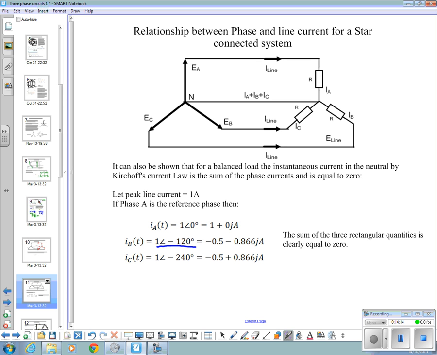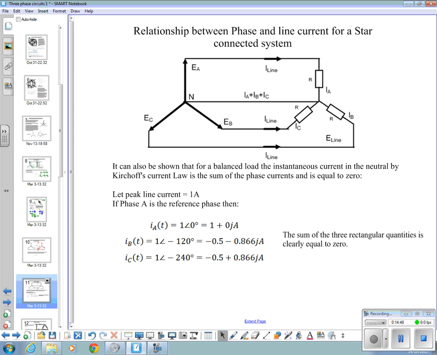plus 120 degrees. That's what happens when you use cut and paste a lot. That converts to minus 0.5 minus 0.866j amps, and 1 angle, oh hang on, they are both minus, because I'll put minus 240, that's fine. Minus 240 is minus 0.5 plus 0.866j.